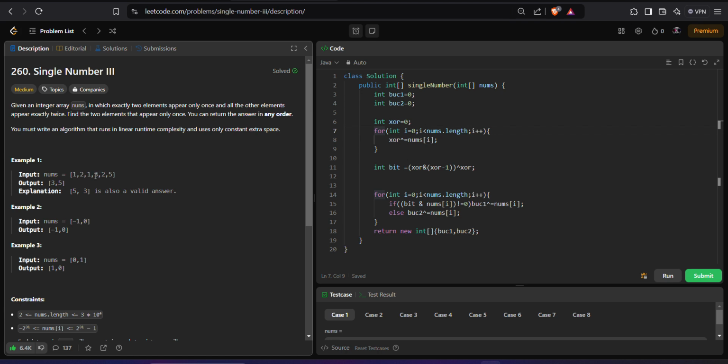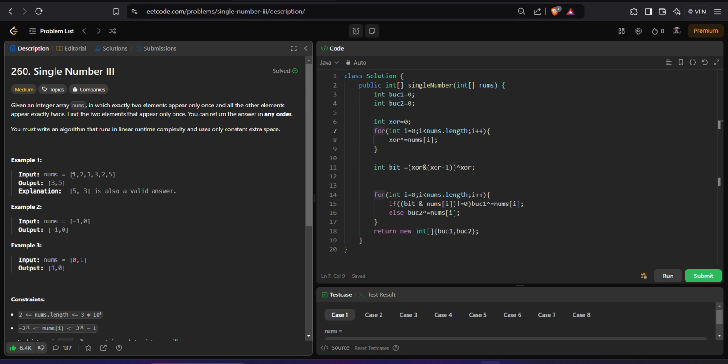Now you will notice that all the other elements appear in pairs, so that bit will be either off in both copies, placed in one bucket, or on in both copies, placed in the other bucket. If one is placed in the off bucket, the other will also be placed in that same bucket.